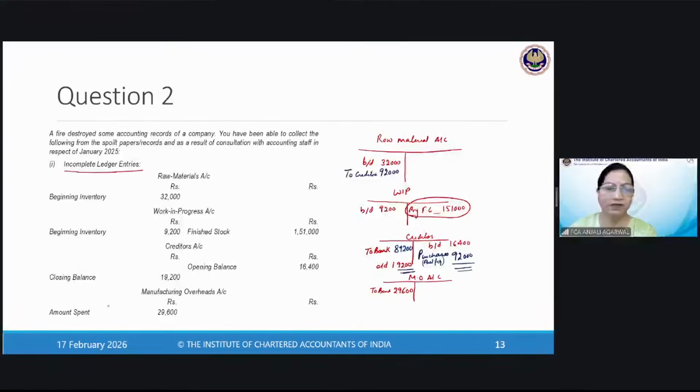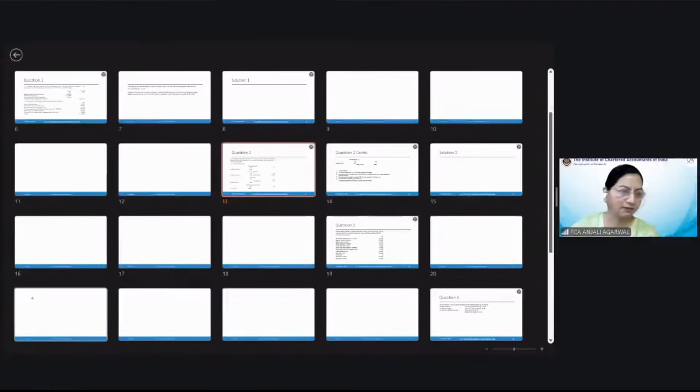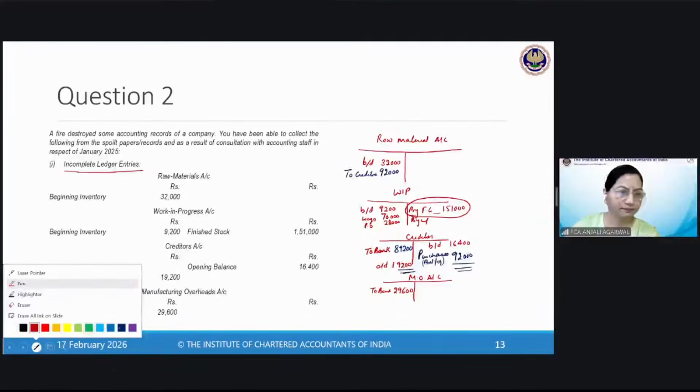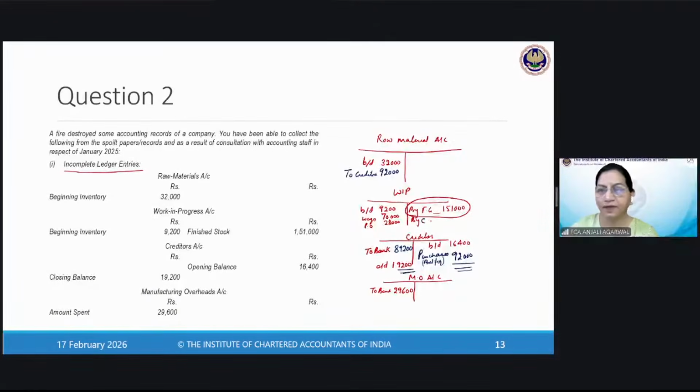So 70,000 is wages, 28,000 is production overheads, and closing is 9,200. By carried down is 9,200.